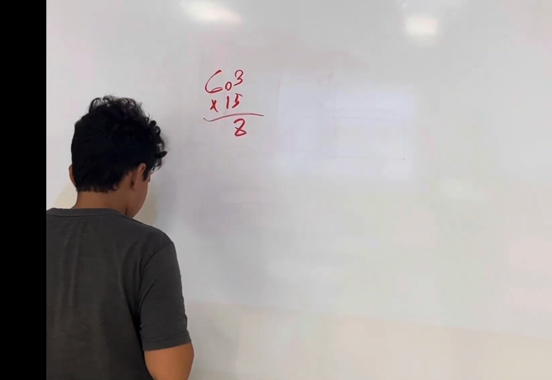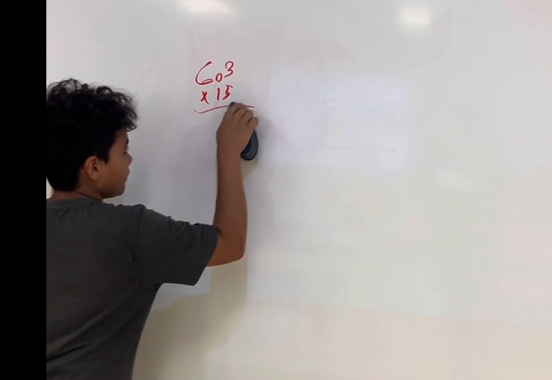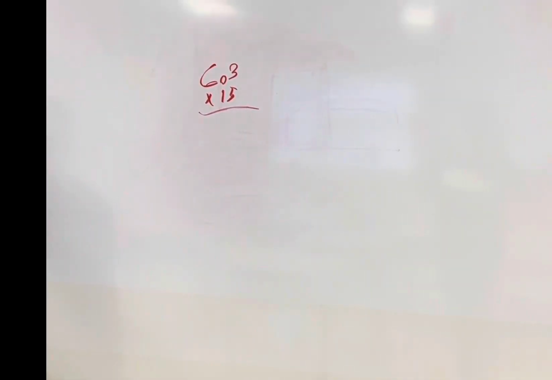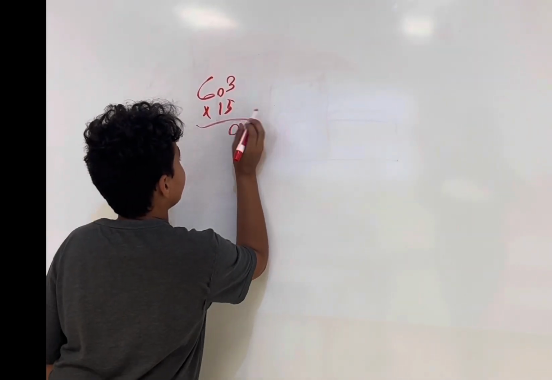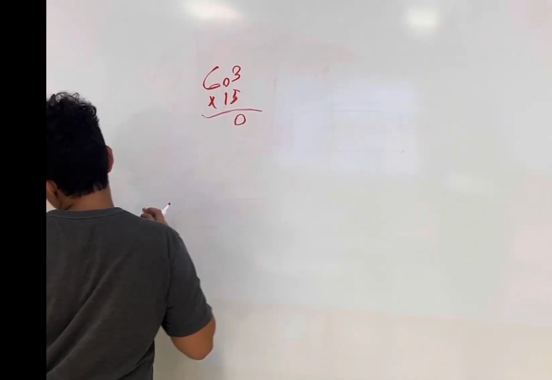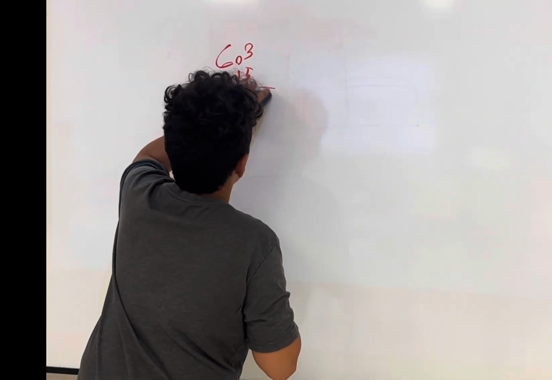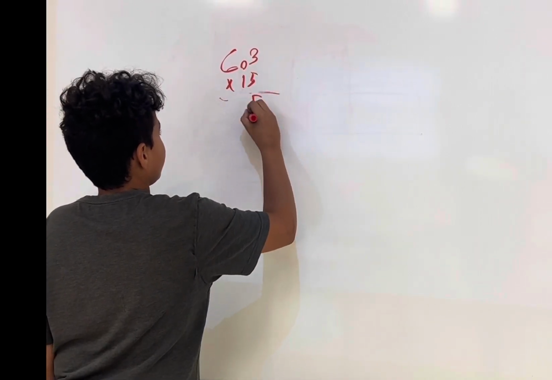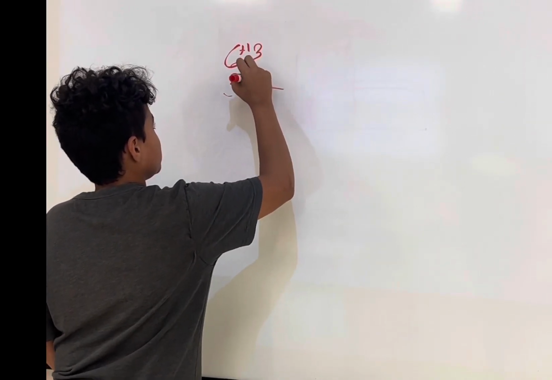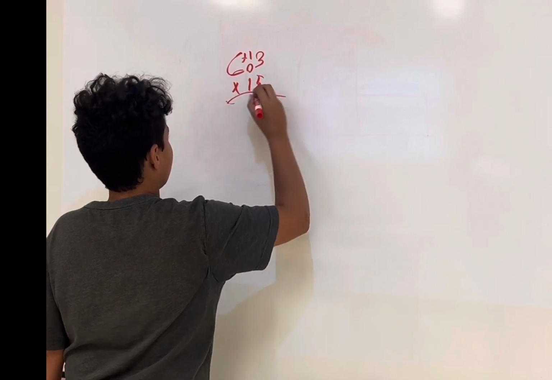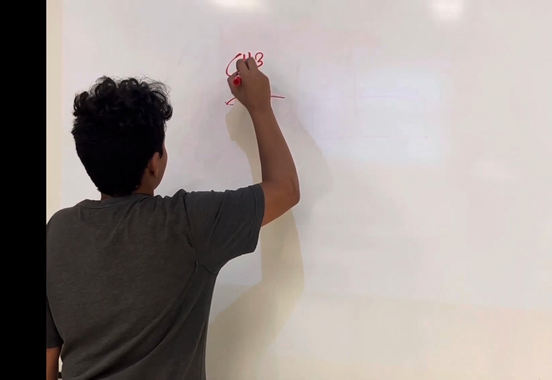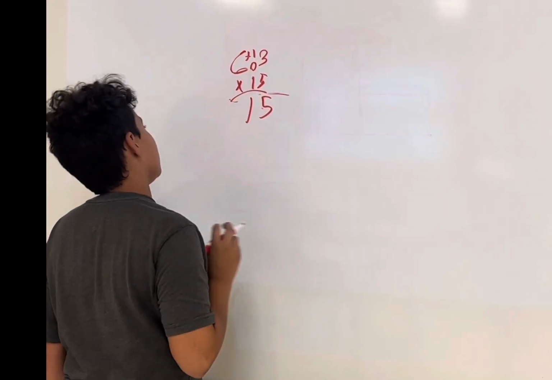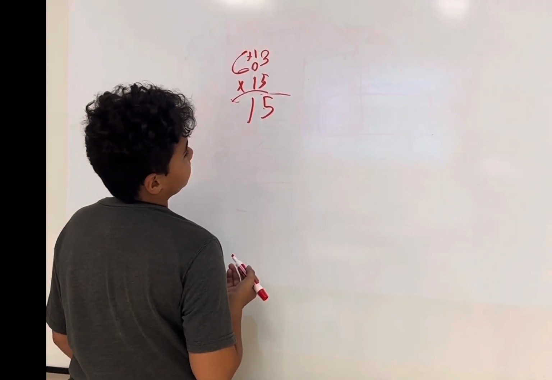Nope, I did it wrong. Wait, I keep doing this wrong. I would do 15, put my 5 down, carry my 1, which 5 times 0 is nothing. And so I would just put my 1 down, then 6 times 5 is 30.